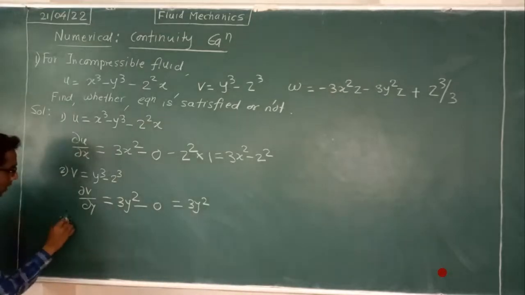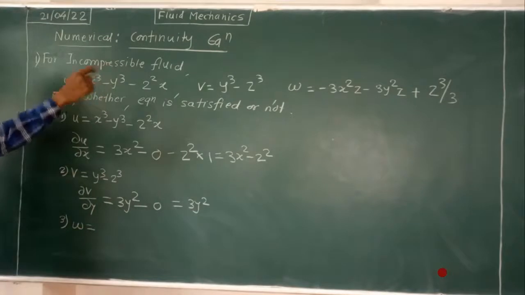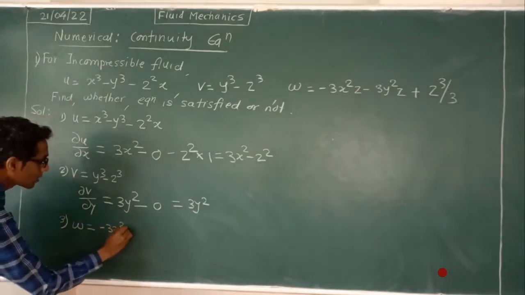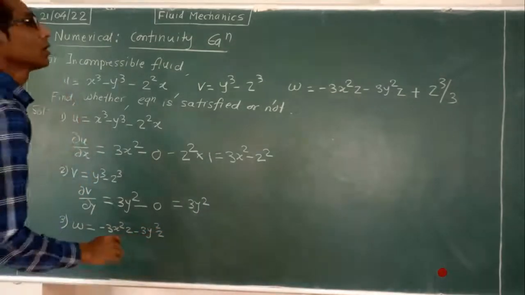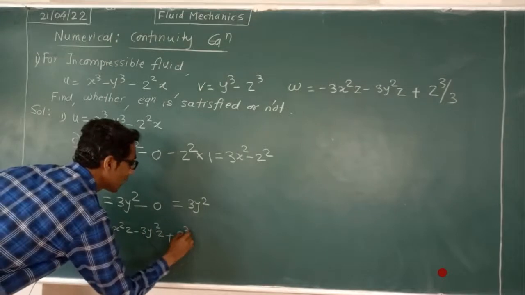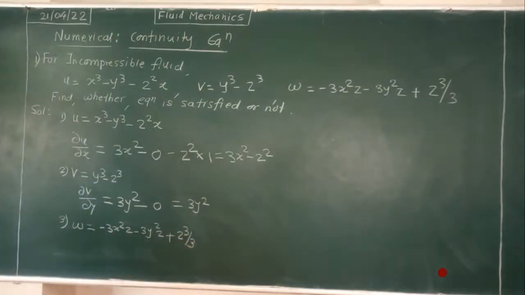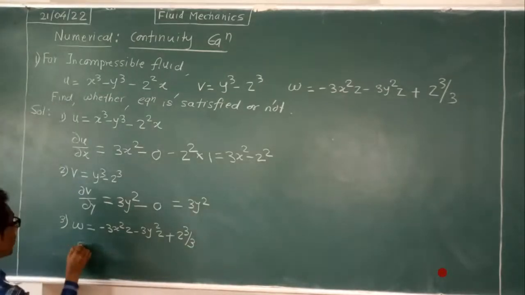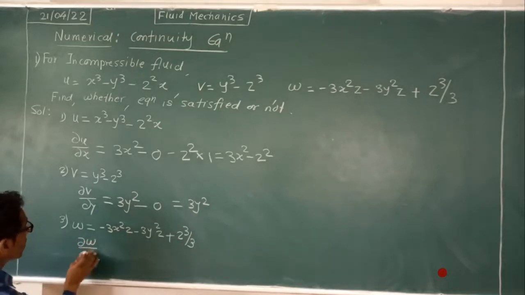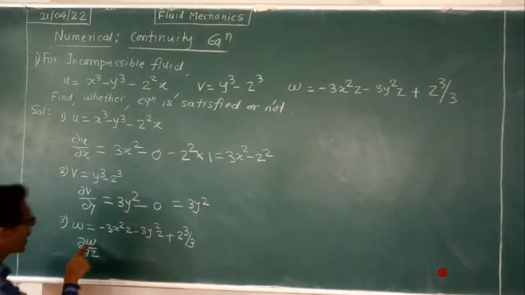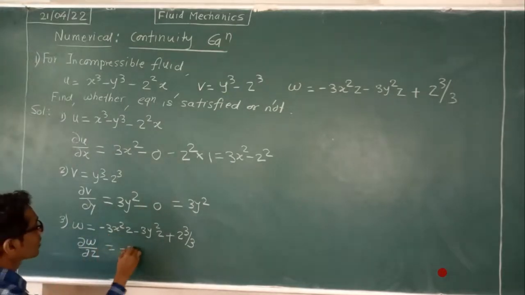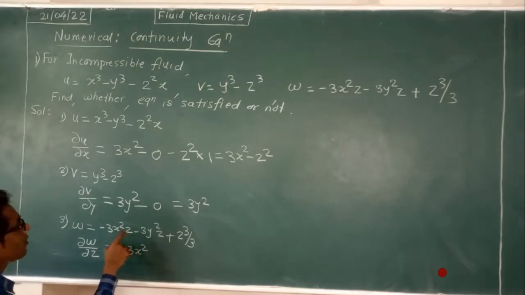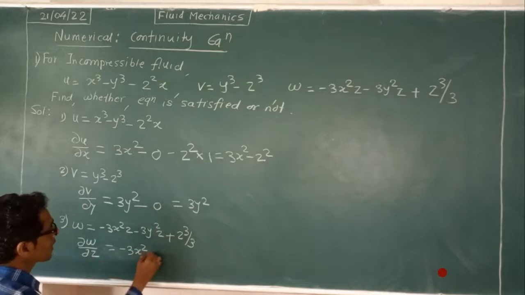The third component is w, equal to minus 3x square z minus 3y square z plus z cube by 3. Here we differentiate with respect to the third direction z, that is ∂w/∂z. Minus 3x square is a constant, and the derivative of z is 1.